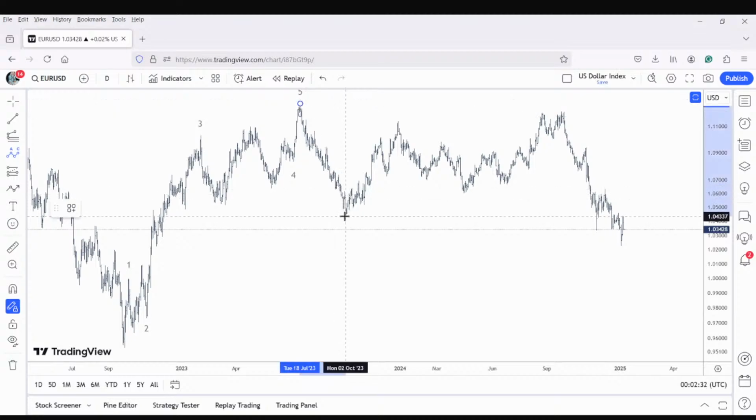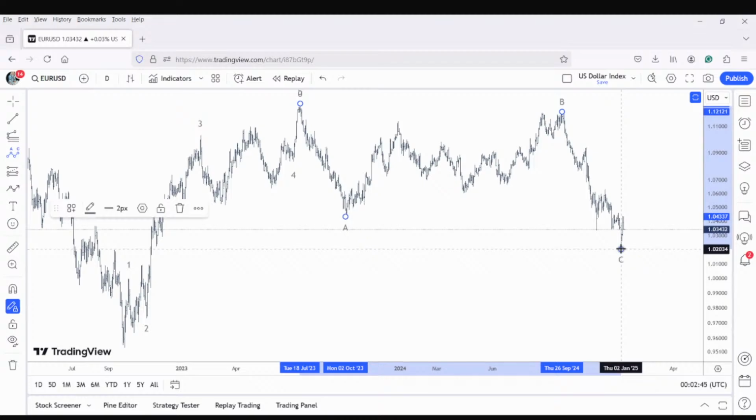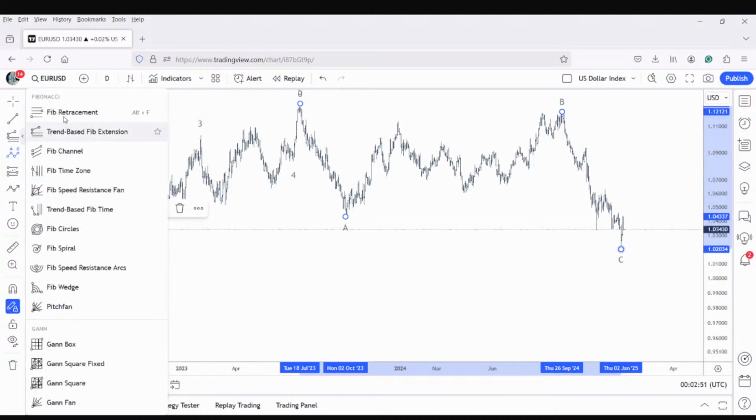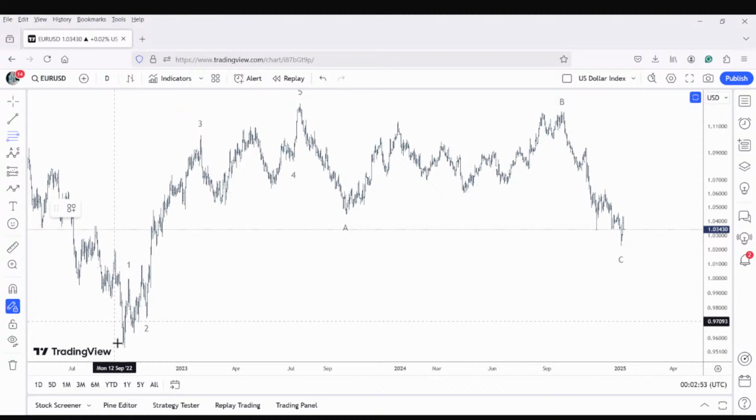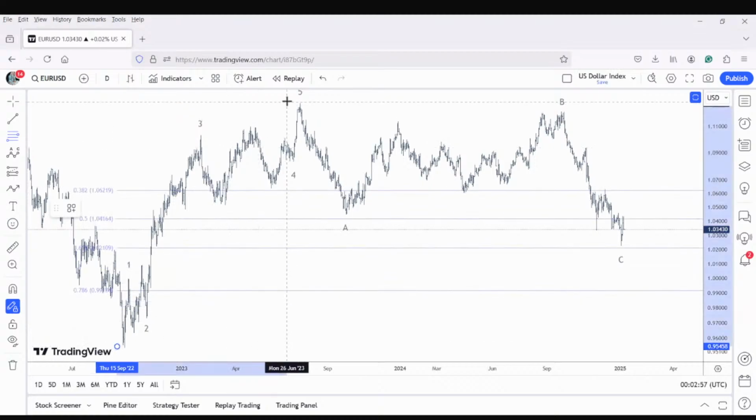So for those who are just joining, Euro has carved 5 up, confirming the larger degree trend higher, and also a corrective ABC with the price action bouncing close to the Fibonacci 61.8% retracement.